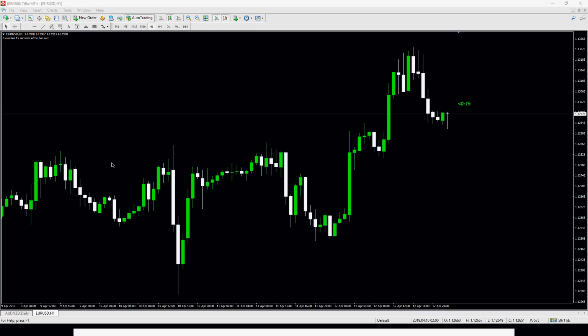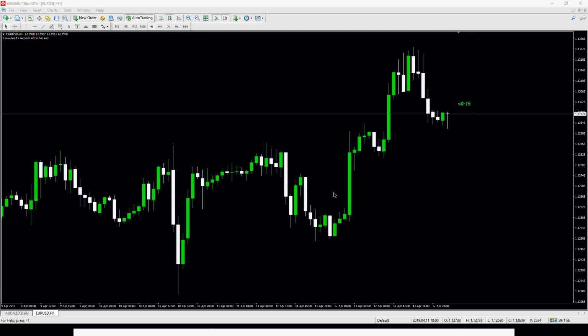There are two particular pieces of information that are really important for every trader to understand: the two axes, at the bottom and on the right hand side, the X and Y axis. The bottom side tells you the date and time of the particular time frame that we're looking at.